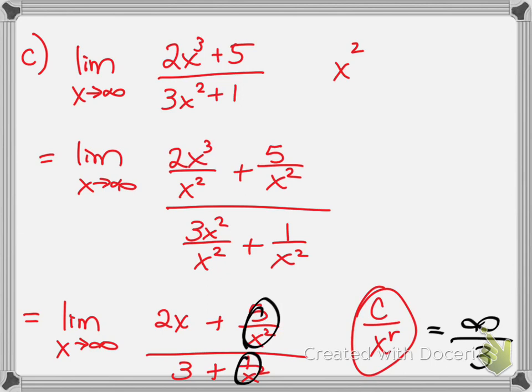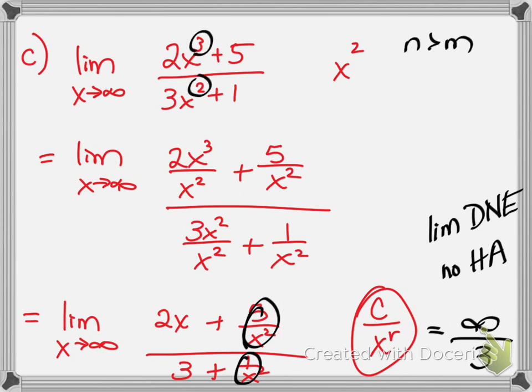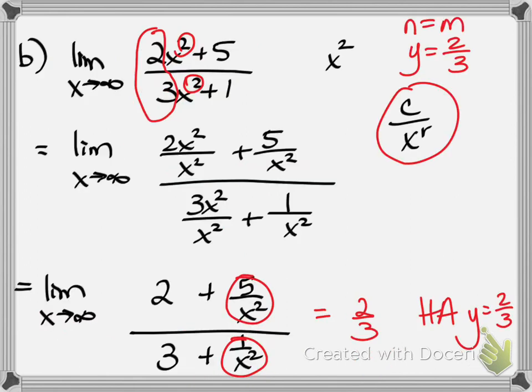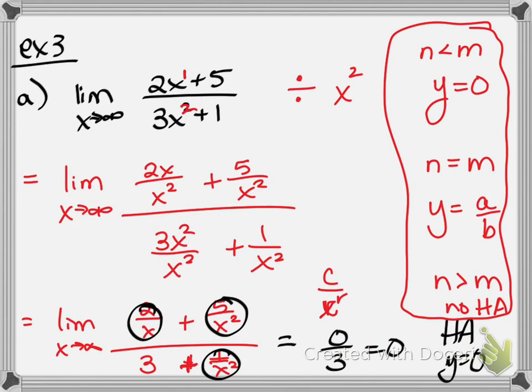So this limit itself does not exist, so there is no horizontal asymptote. Let's let pre-calculus help us here. 3 is greater than 2, n is greater than m. So our rule: if n was greater than m, there was no horizontal asymptote.